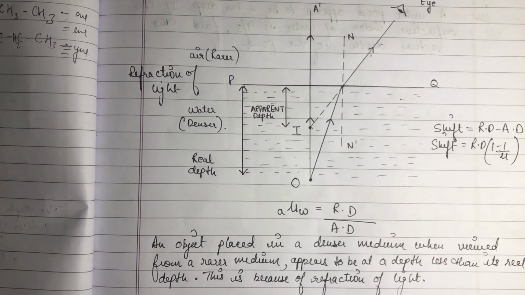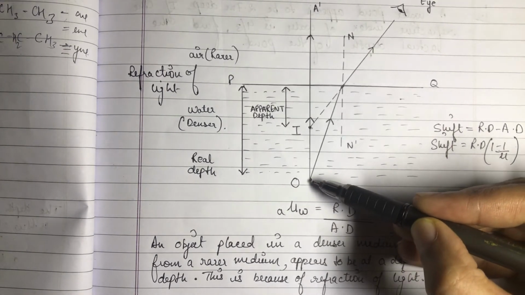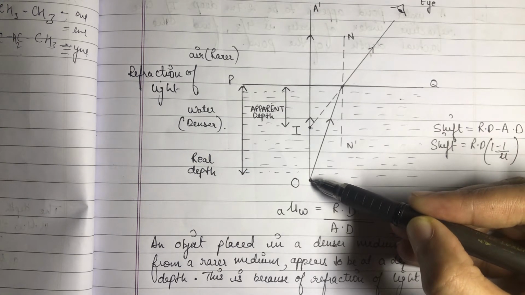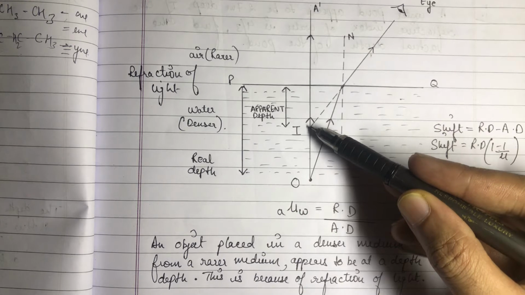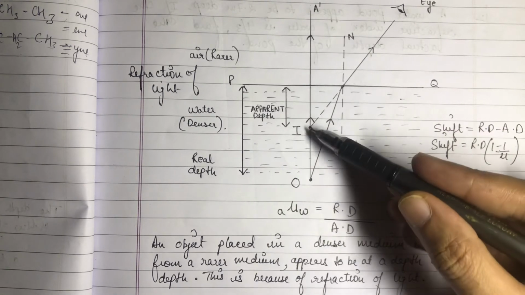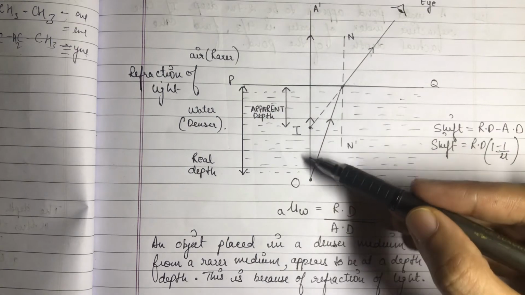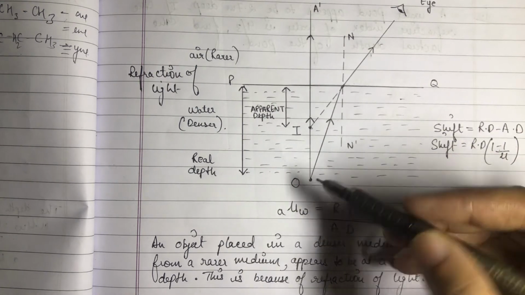So what is shift? Now you can see what has actually happened is this object was over here, and now it appears to us, viewing from outside, that it is placed over here. So it has shifted from here to here. This is known as shift. So how do we calculate shift?